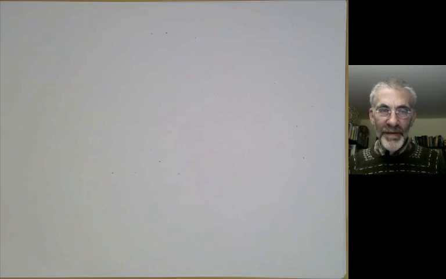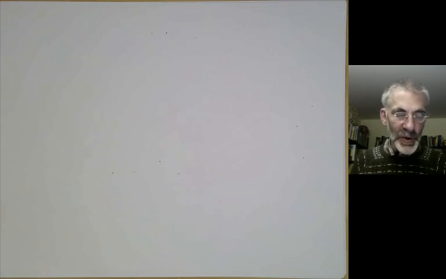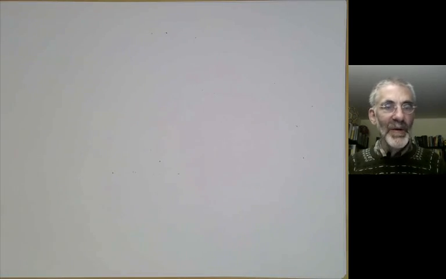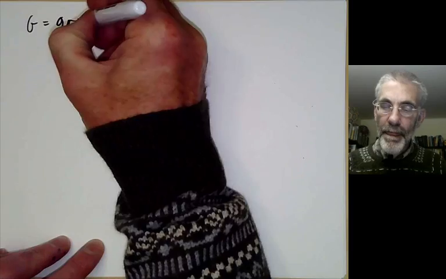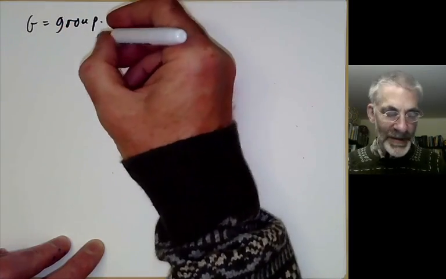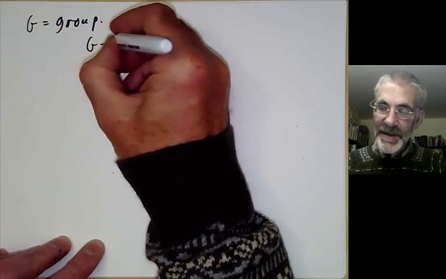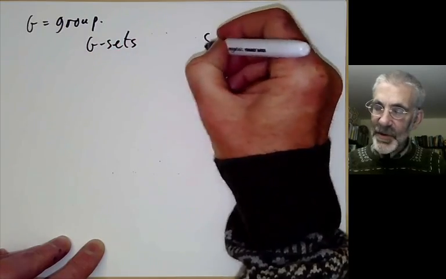You can also have functors that have a left adjoint and a right adjoint, and I will now give some examples of this. So let's take G to be a group, and I'm going to look at the category of G sets and the category of sets.